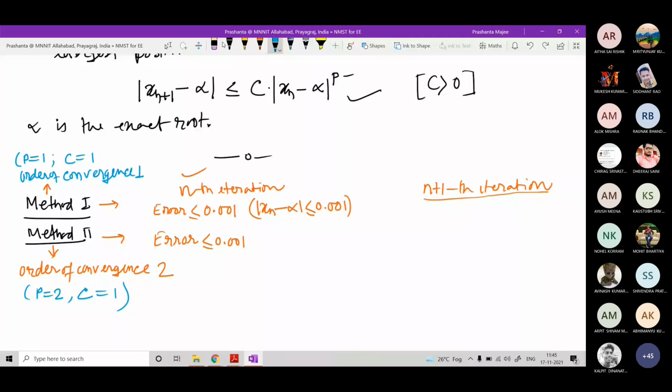Use the star, that is the definition of order of convergence. Xn plus 1 minus alpha is less than or equal to C times Xn minus alpha to the power P. C is 1, P is 1. So that is less than or equal to Xn minus alpha.